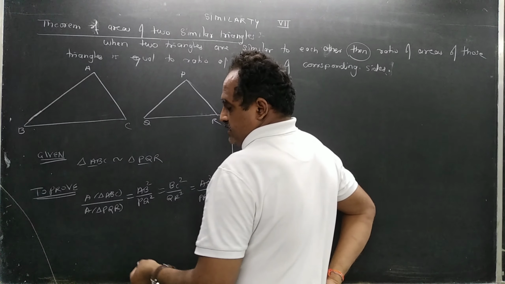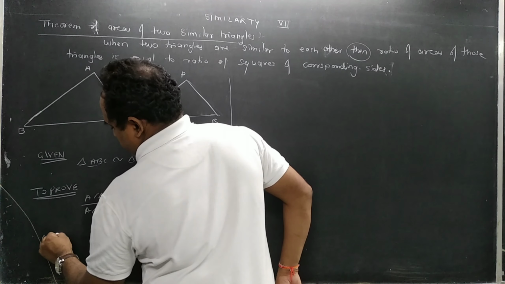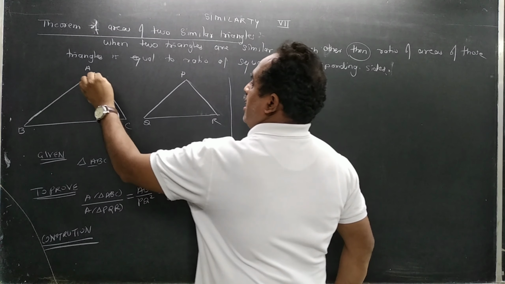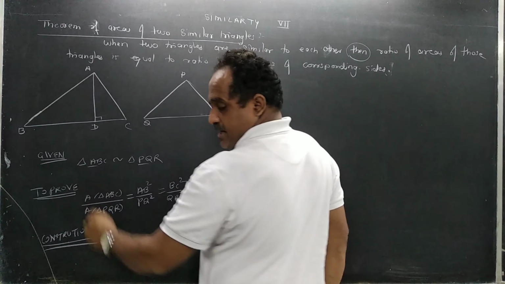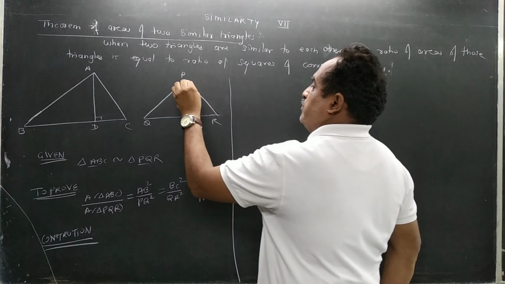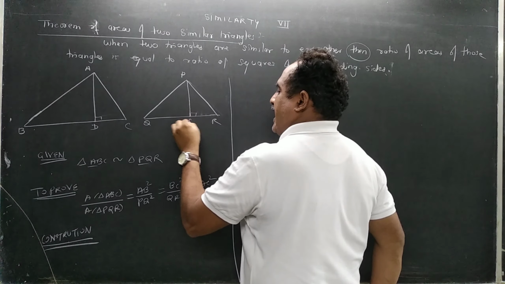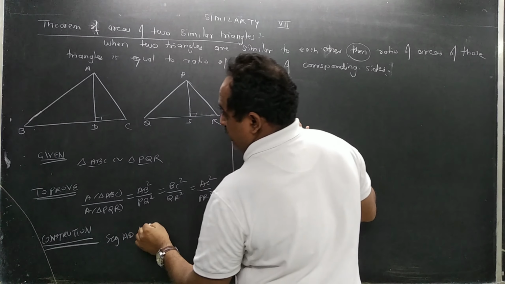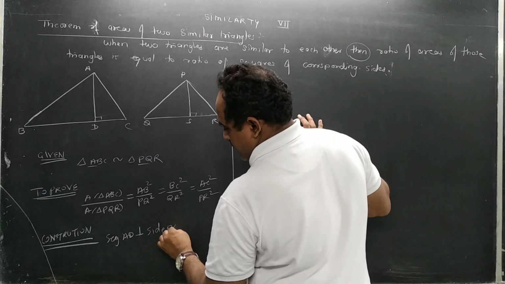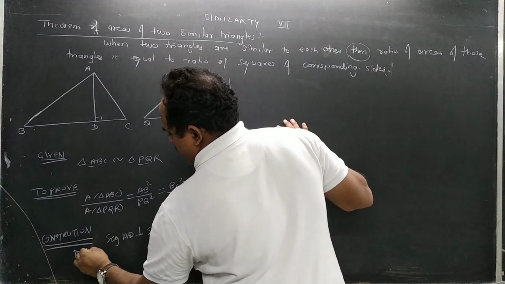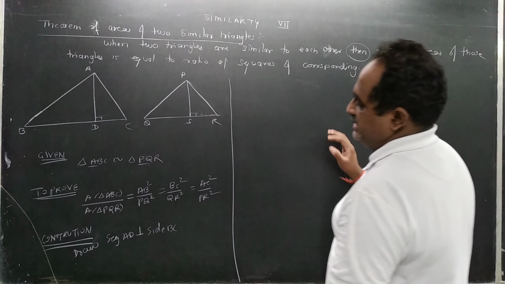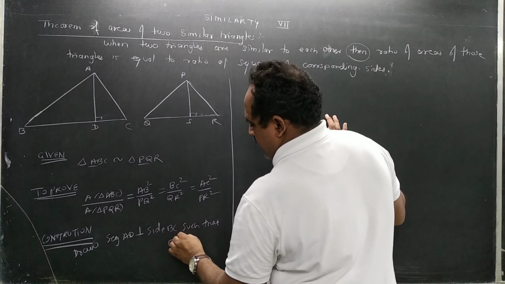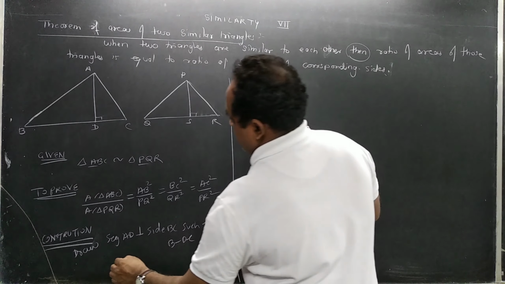Now, we have to do a construction. In the construction, I will draw a perpendicular from A to D, and from P will draw a perpendicular to S. Segment AD is perpendicular to side BC, such that B, D and C are collinear points.